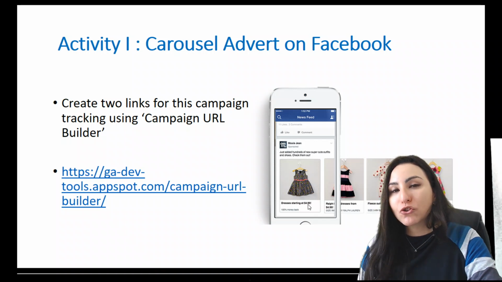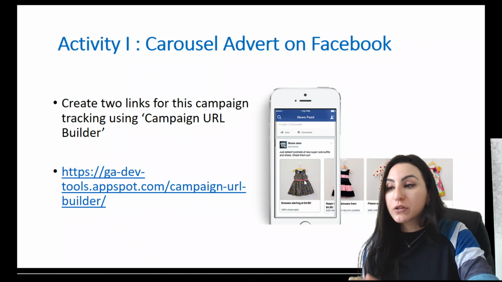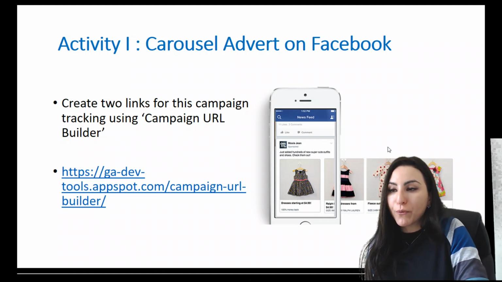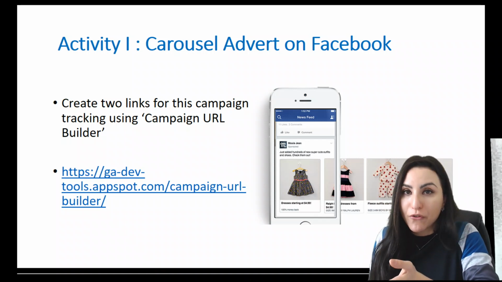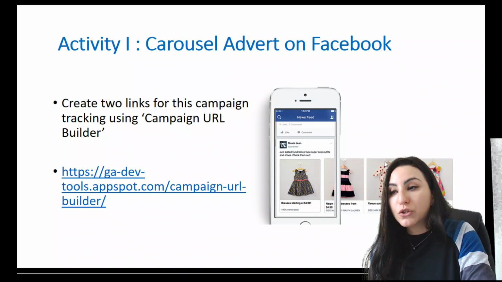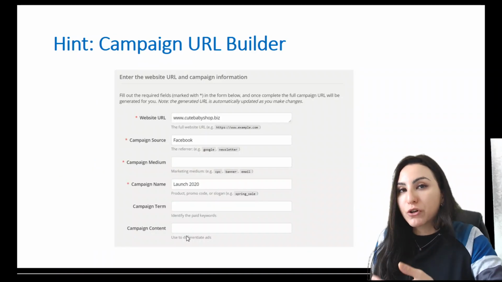Then I will describe the content here. So I would say something like, this is the floral printed dress with the pink belt, because the user might swipe all the way to the pajamas and they might actually click on the pajamas. So I need to tell myself, where is this coming from? What's the description of the content?